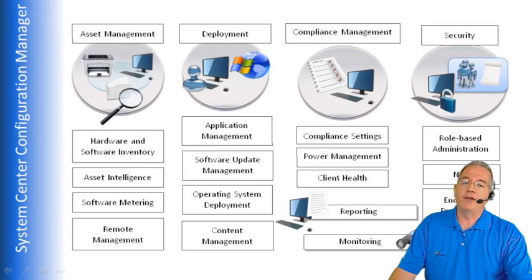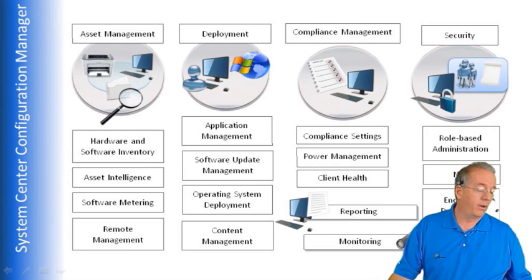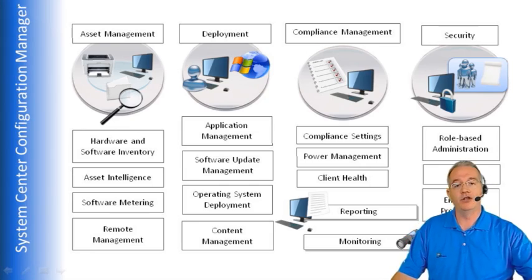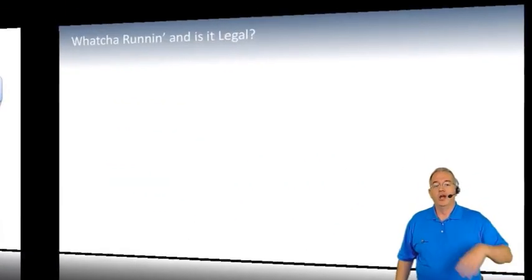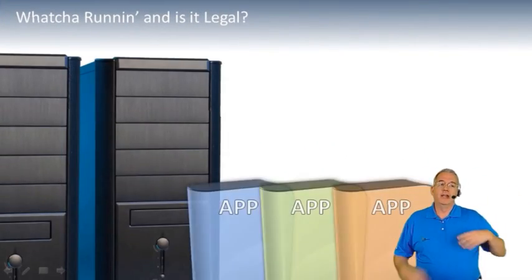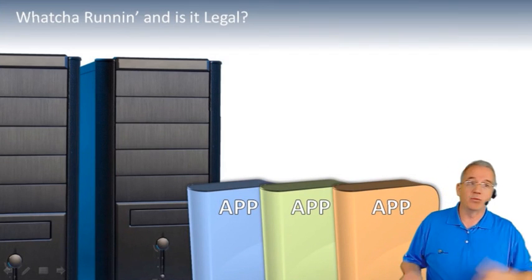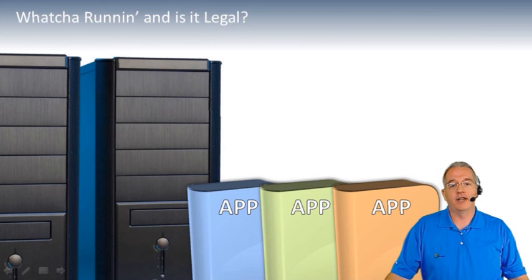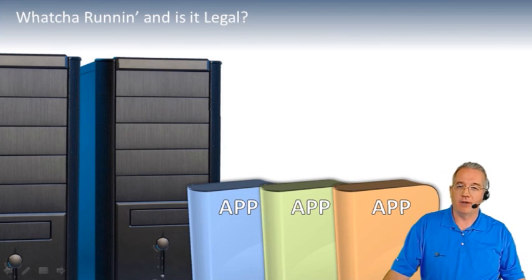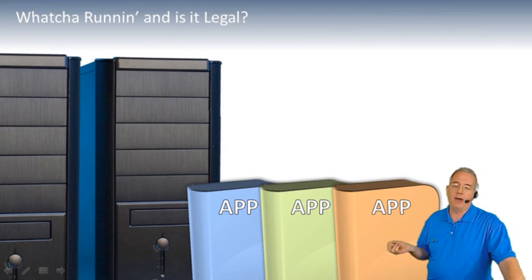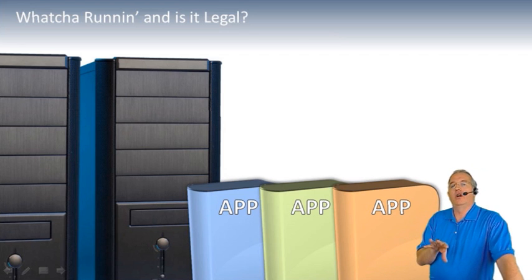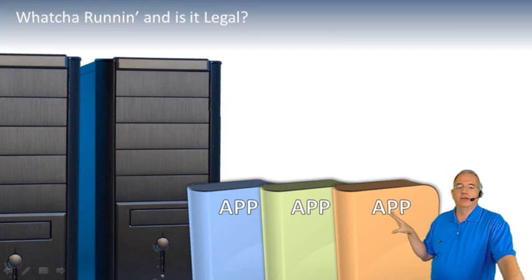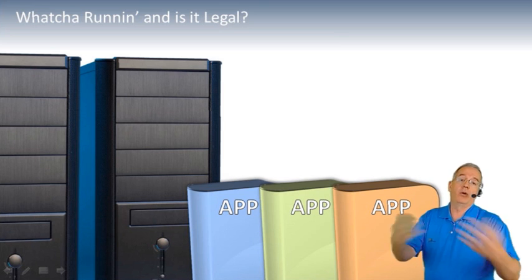One of the most important aspects and one of the most expensive components that people have to deal with is applications. You have to buy applications, you have to deploy applications, you have to make sure that what they're running is what they're supposed to be running, and is it legal for you to actually have that copy of Microsoft Office. Now, the cool part about this is I can go in and use System Center Configuration Manager to deploy applications.